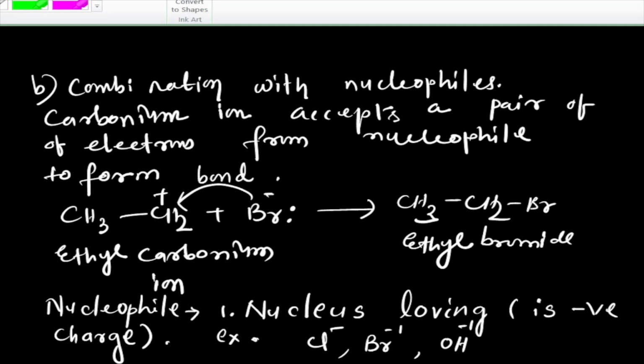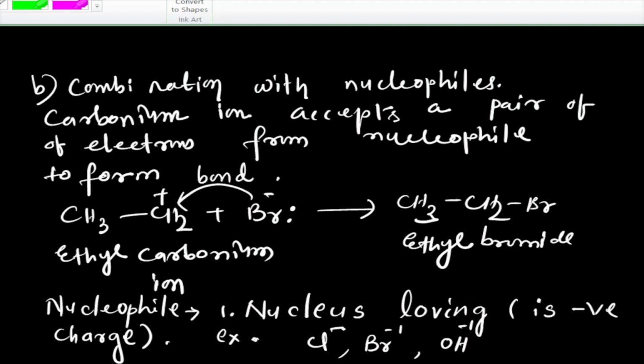Since it has excess electrons, Br minus, bromide ion, this pair of electrons comes to this side and is delocalized to this CH2, giving CH3CH2Br. Are you clear?